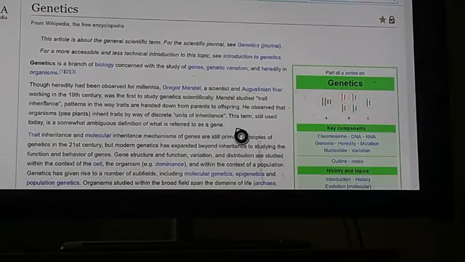Now, modern genetics has expanded beyond inheritance to studying the function and behavior of genes. Gene structure and function, variation, and distribution are studied within the context of the cell, the organism, and within the context of a population. Genetics has given rise to a number of subfields, including molecular genetics, epigenetics, and population genetics.